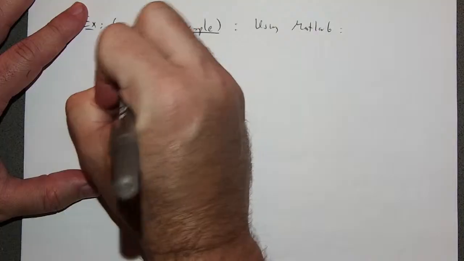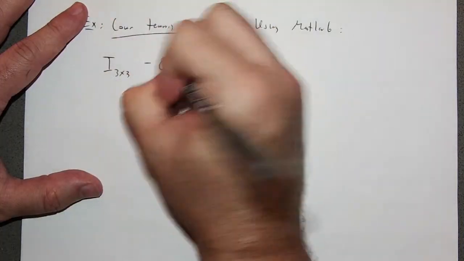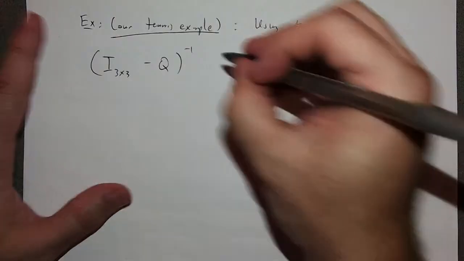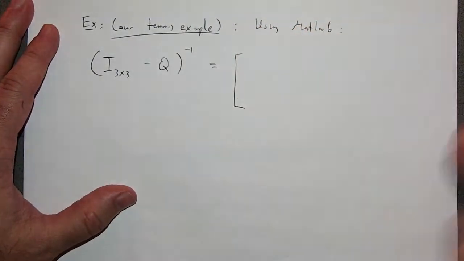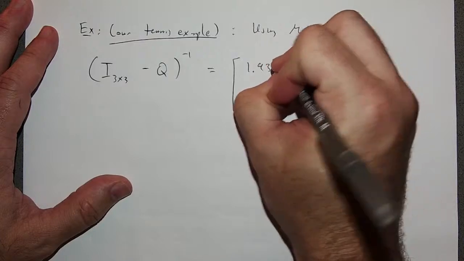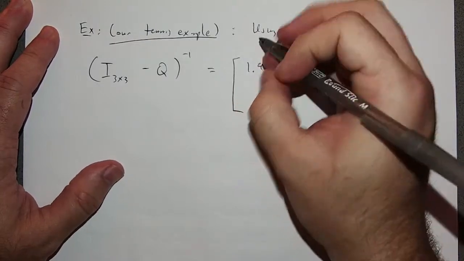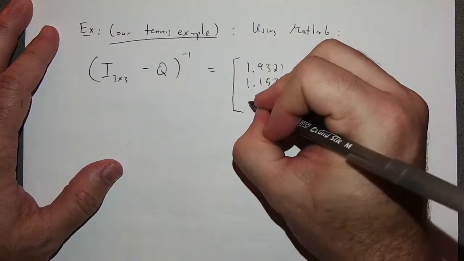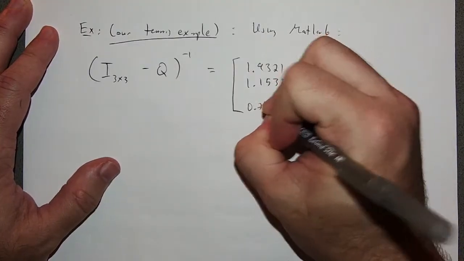For our example, using MATLAB, the 3x3 identity minus our matrix Q, if we find the inverse of that, MATLAB tells us this is, I'm going to read column-wise here, 1.9321, 1.1538, 0.7692.